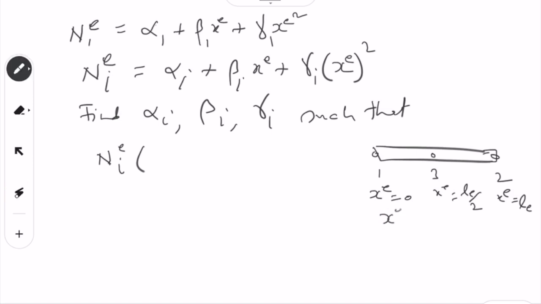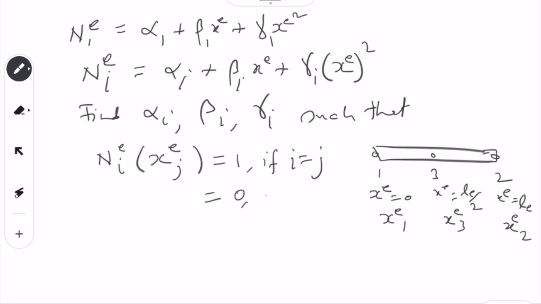We may refer to these as x e1, x e2, x e3, the nodal coordinates of node 1, node 2 and node 3. So, we can write in an easy way that n i at x e j will be equal to 1 if i equal to j, and equal to 0 if i not equal to j.